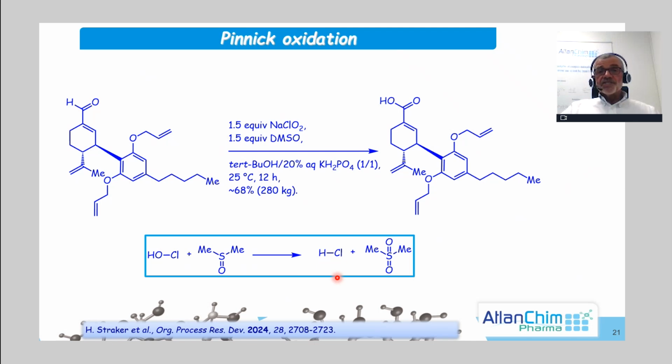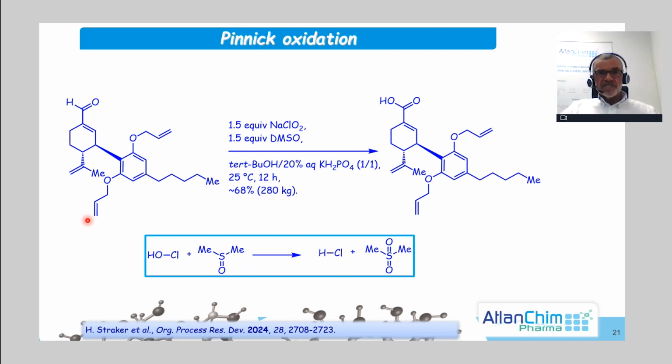So it was found that using a stoichiometric amount of DMSO was sufficiently effective in trapping the hypochlorous acid formed during the oxidation reaction. Also, the dimethyl sulfone byproduct here of the oxidation was removed in the aqueous extractions during workup.